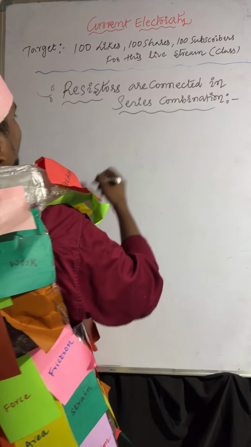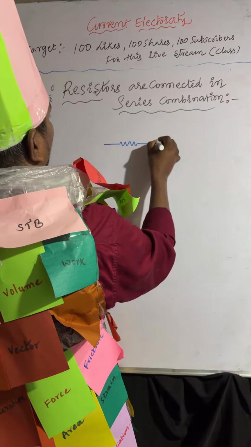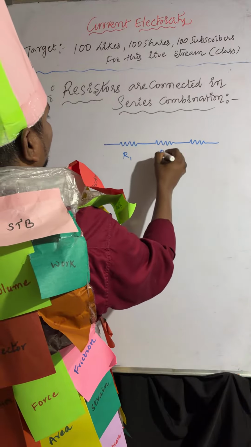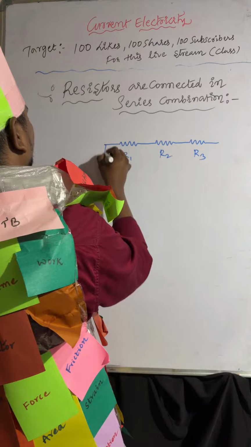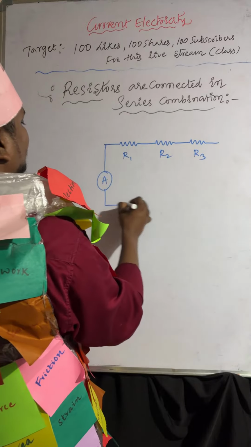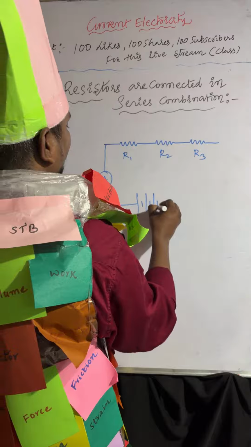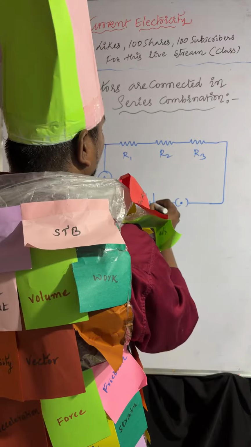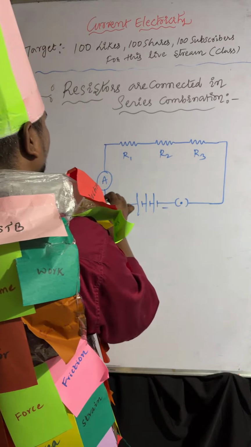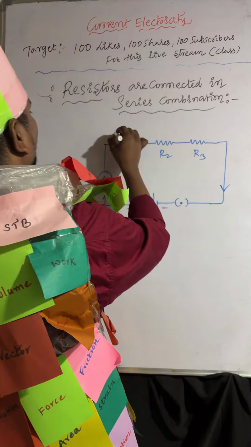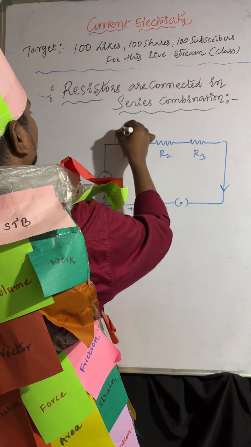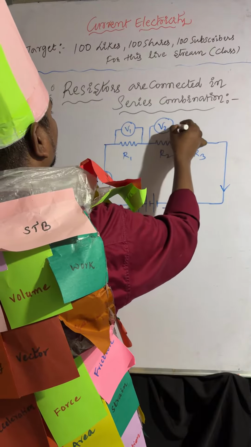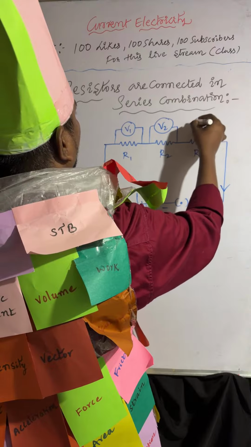Now you can see I am taking 1, 2, 3: R1, R2, R3. So I am connecting the ammeter. So here is the battery. Current is flowing. Across R1 I am connecting V1, across R2 I am connecting V2, across R3 I am connecting V3.